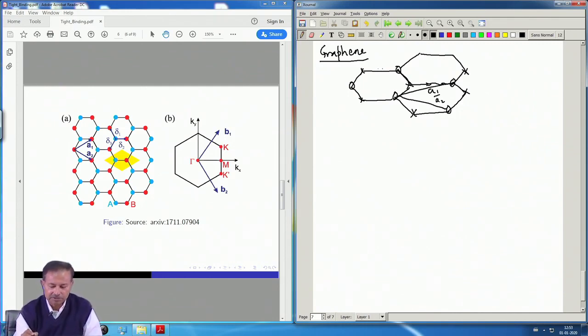As we discussed the other day, we have to choose unit cells which are a combination of two, on the left hand side the yellow region is the new unit cell. The red and blue are the two inequivalent carbon atoms, and that is exactly what I am doing here.